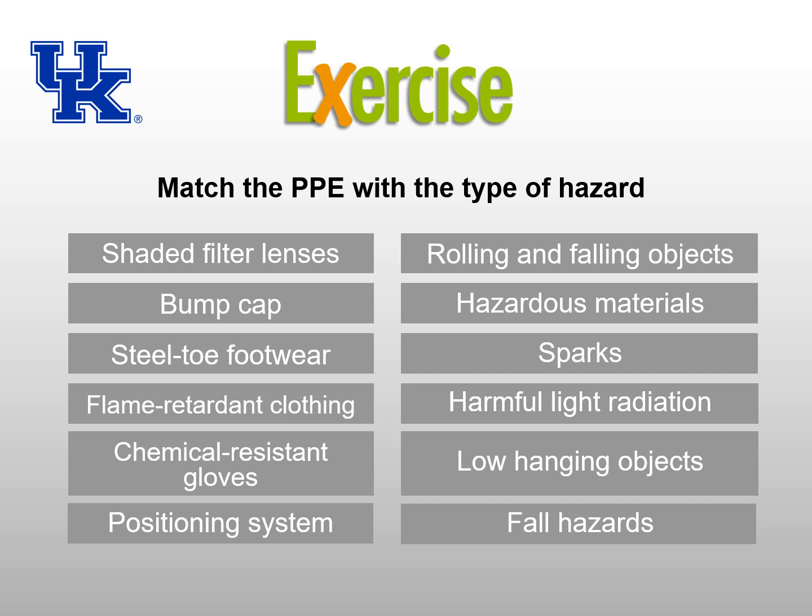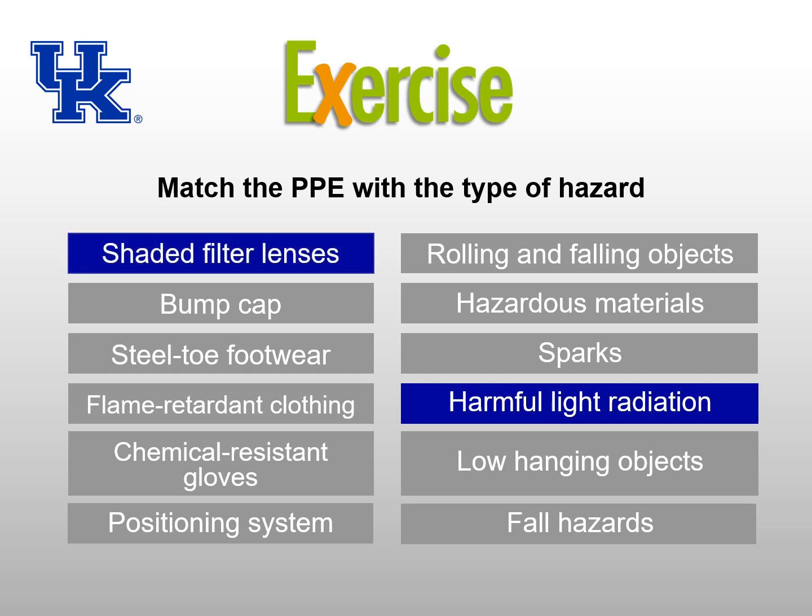Now it's time for another exercise. See if you can match each hazard with the type of PPE that would protect against it. To protect against potentially harmful radiation light, you would wear shaded filter lenses.